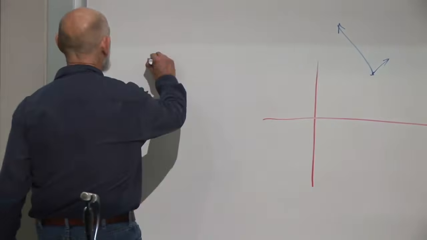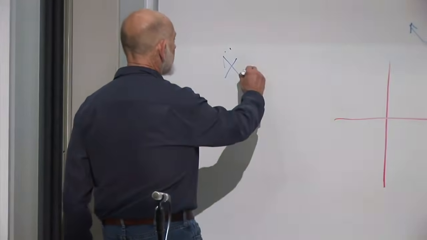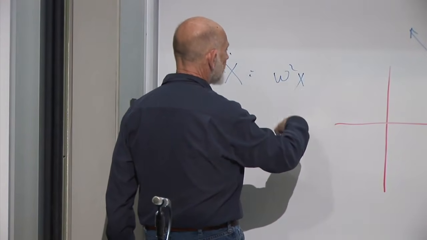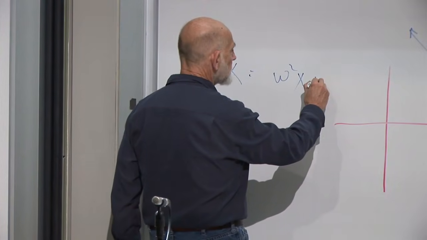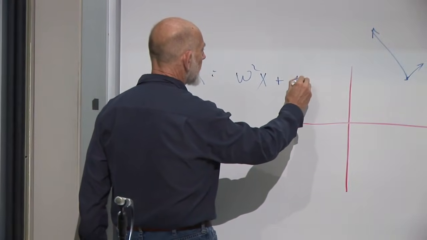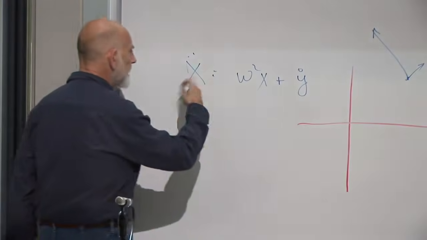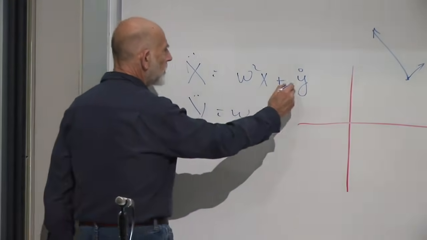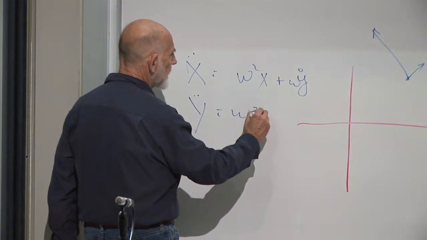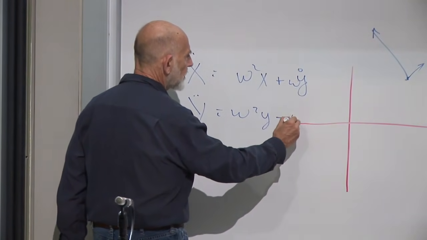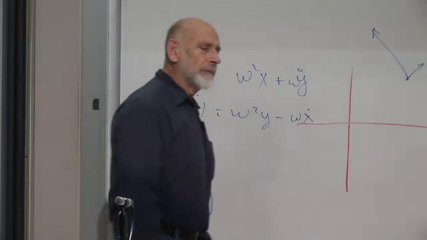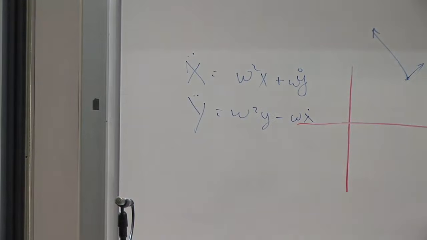They're of the form x double dot is equal to omega squared x plus y dot, I'm leaving out masses, y double dot is equal to omega squared y minus omega x dot, something like that. Can you prove that one of the trajectories of the system is just moving in a circle about the origin?